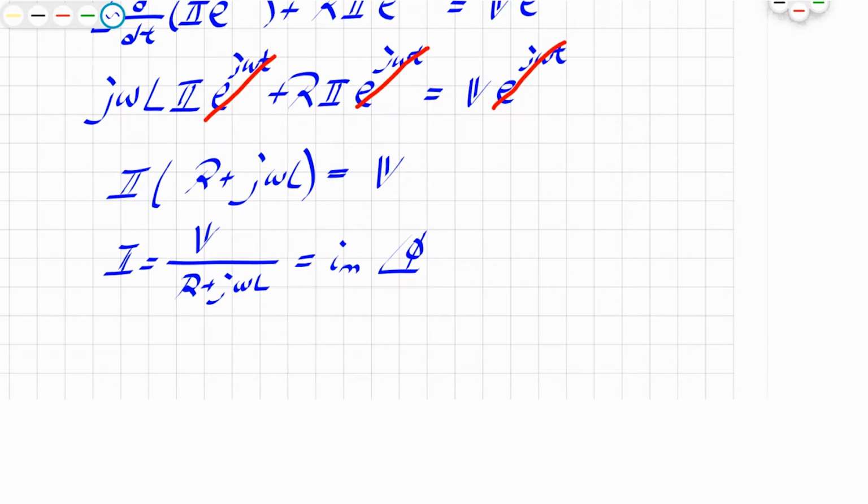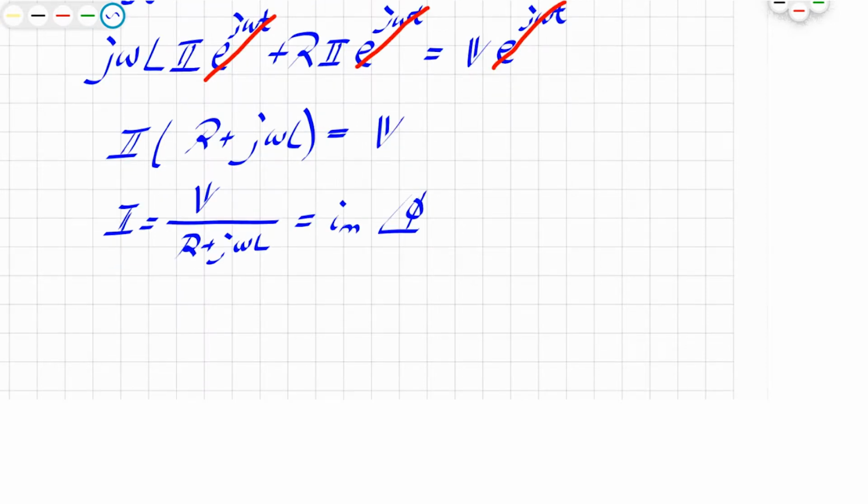Now you can see from there that for phasor V, the phase angle is 0. So we have V m. The phasor angle here is e to the 0 divided by r plus j omega L. Remember what we did earlier, we're going to have the same thing here.